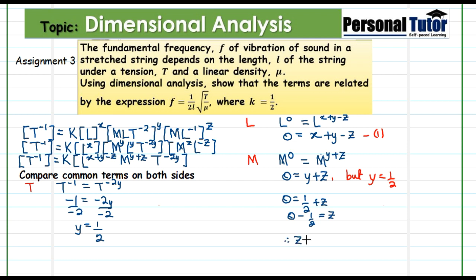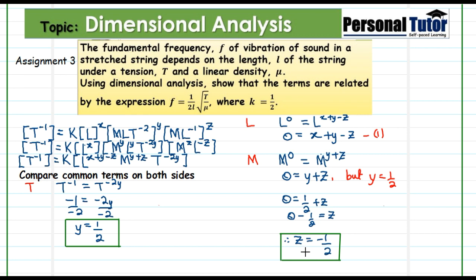Therefore, z is equal to 0 minus half, giving you negative half. I hope you have noted this as well. So far, we have been able to find y to be half, then z to be negative half.